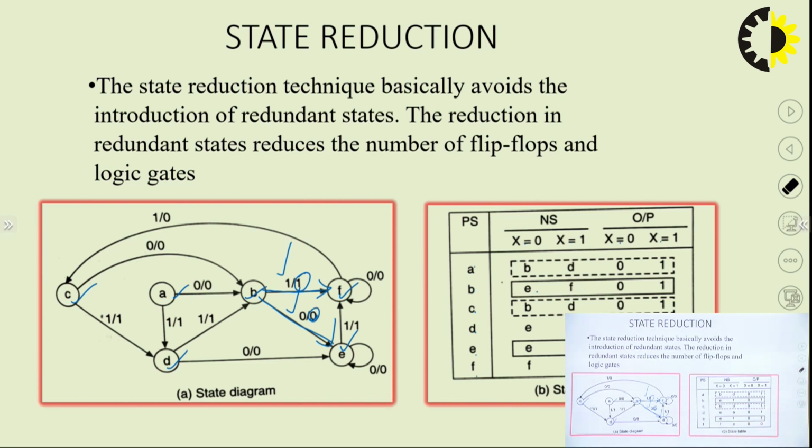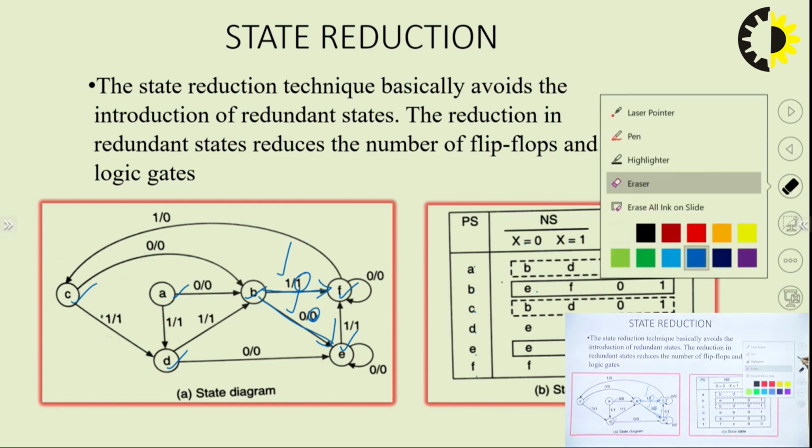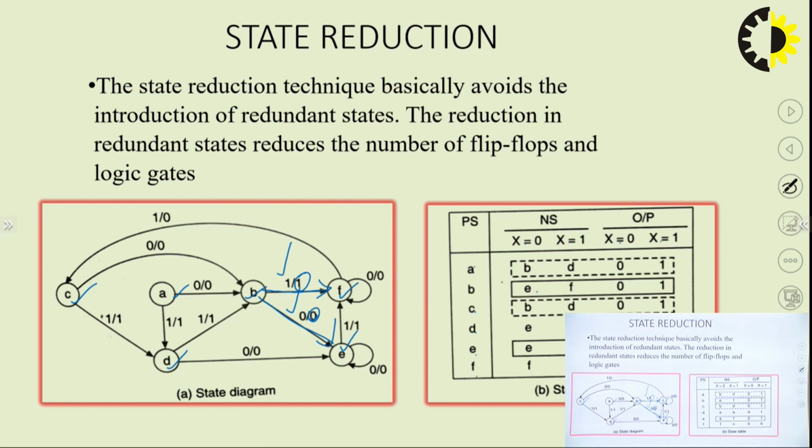By observing the table, we can see few state changes are the same. Few state changes are same in this, BD01. BD01 is same. These two are same.